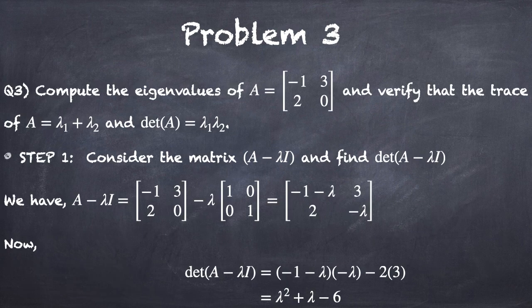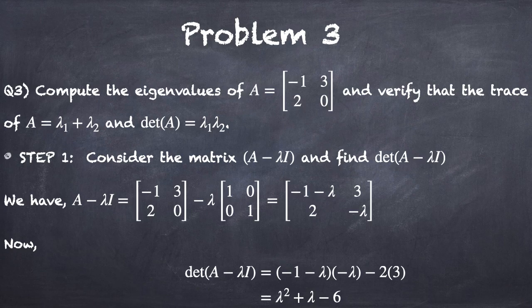Moving on, let's look at problem 3. Compute the eigenvalues of this matrix and verify that the trace of A equals lambda 1 plus lambda 2, and the determinant of A is lambda 1 times lambda 2. Let's consider the matrix A minus lambda I. That's always our first step, and then we find the determinant of that matrix.